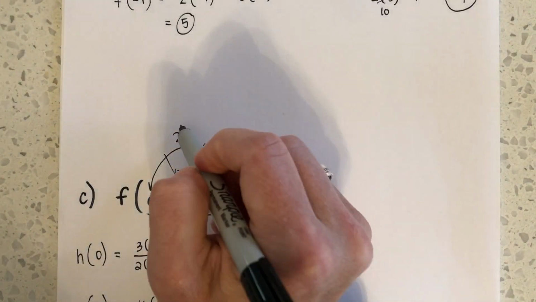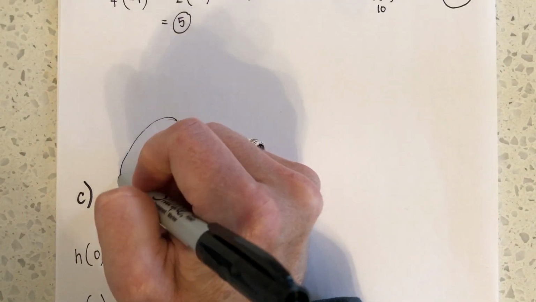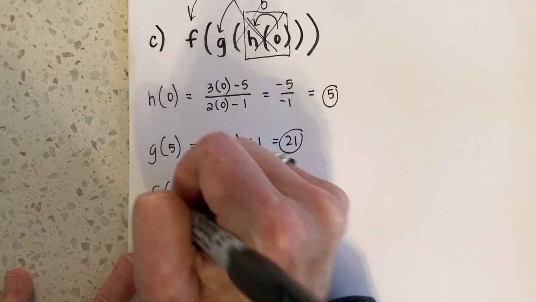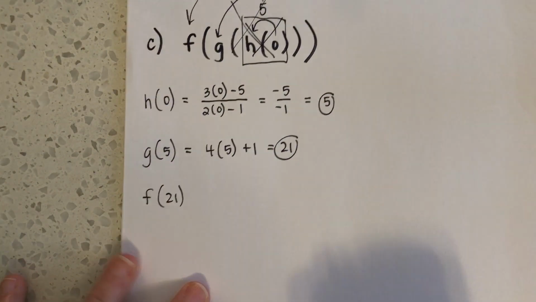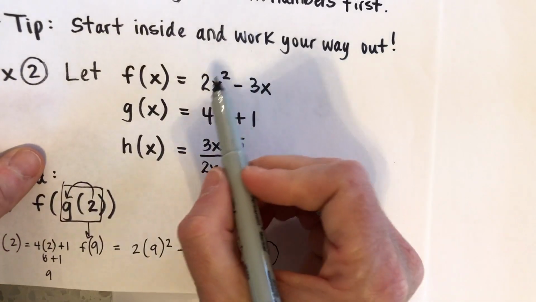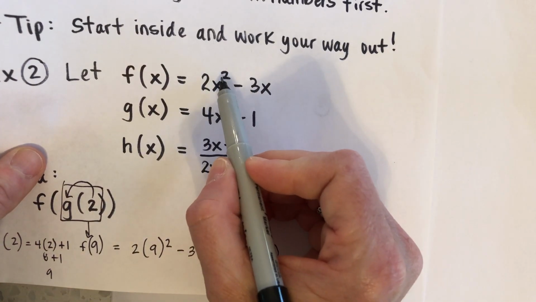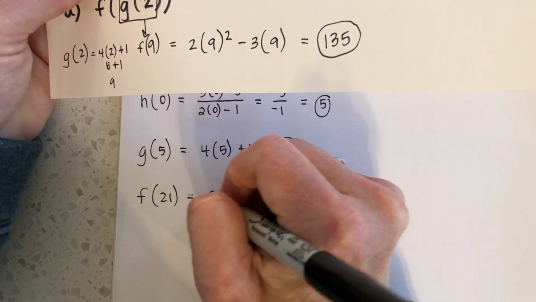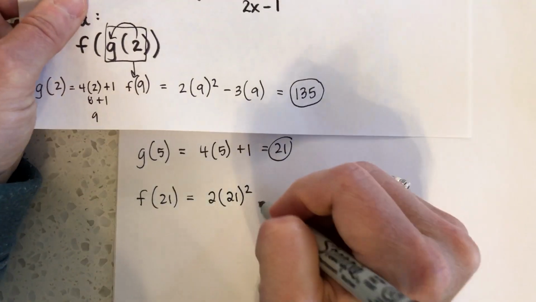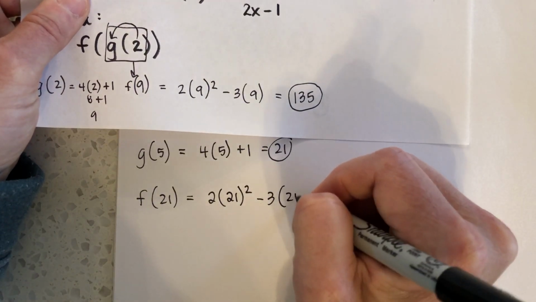So now I have to plug 21 into the outside function, the last function, f. So now I have to find f of 21. That means I have to go to function f and plug in 21. So that'll be 2 times 21 squared minus 3 times 21.